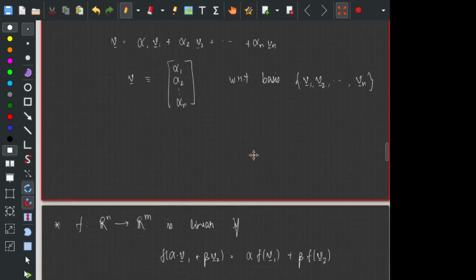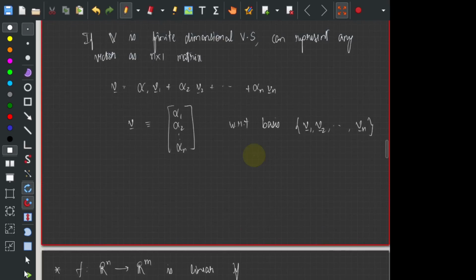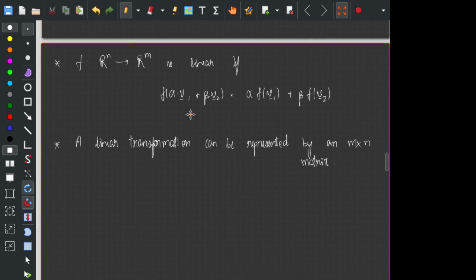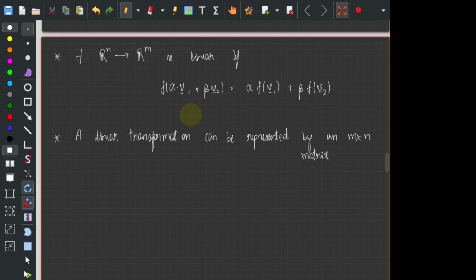Whenever you write vectors in terms of, say, column vectors, underlying this you are representing things in terms of some basis. Typically when you look at Rn, you are looking at the standard ordered basis. Similarly, when you're working with finite dimensional vector spaces, any linear transformation can be represented as a matrix.